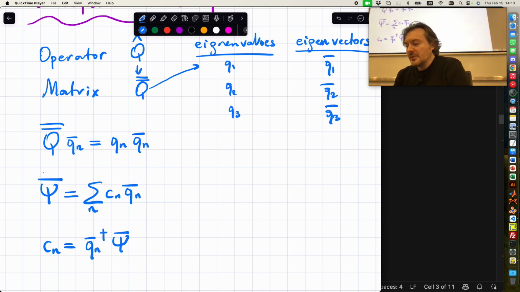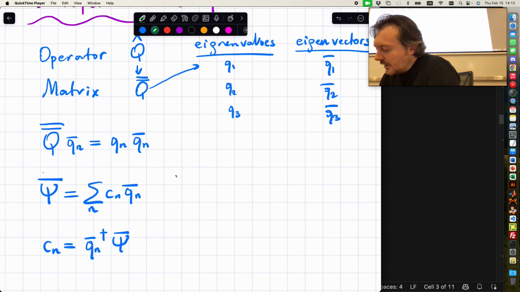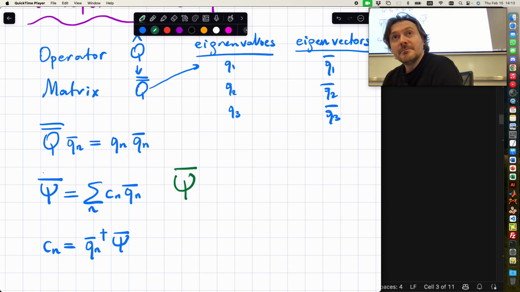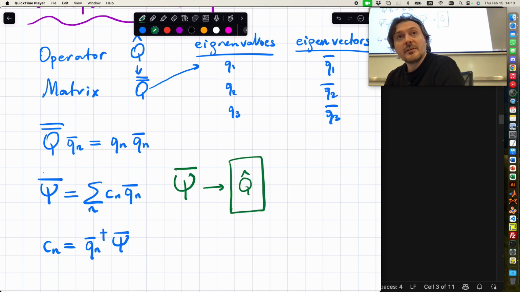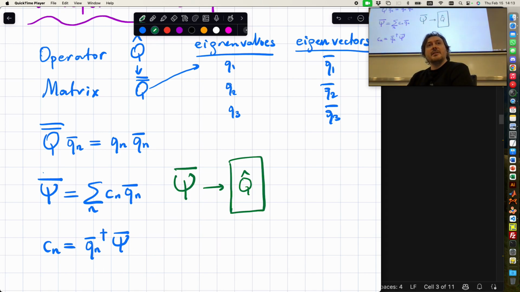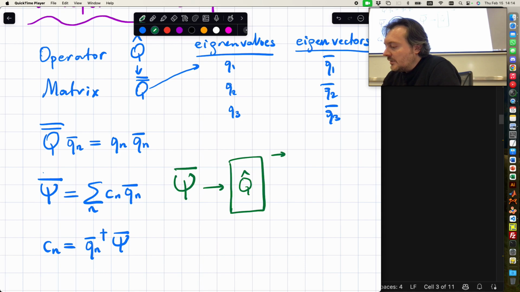Here is the measurement phenomenon explained once you have all this picture. Let's say you have a state phi, and you are going to do a measurement q. Quantum mechanics tells you that with C1 squared probability, you are going to get Q1.